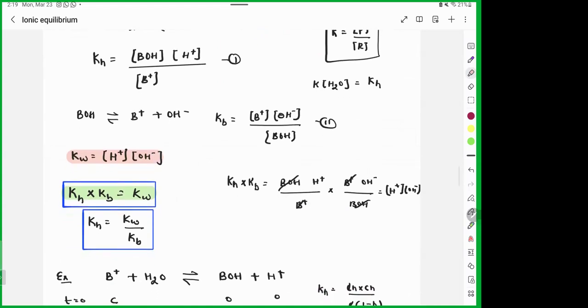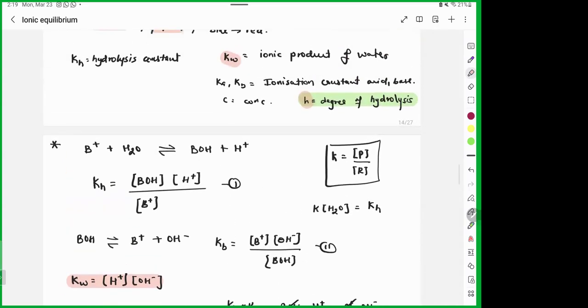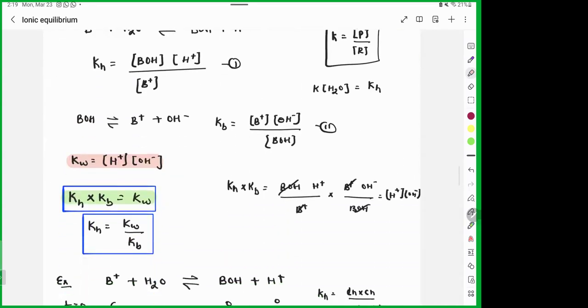So what will happen in this situation? Kh will be equal to Kw upon Kb. Why? Because you are taking the weak base. So for weak base you take this. For salt overall this is Kh, so it will be equal to this.